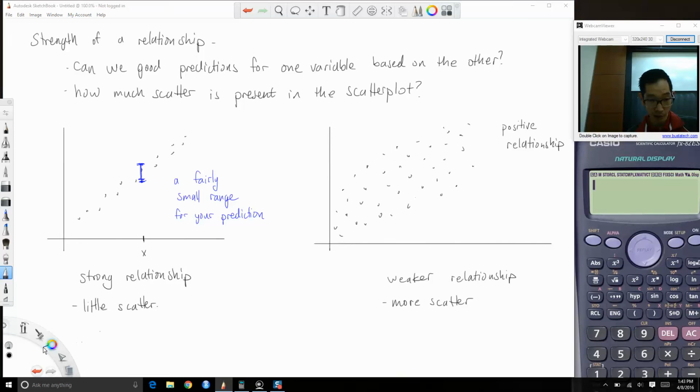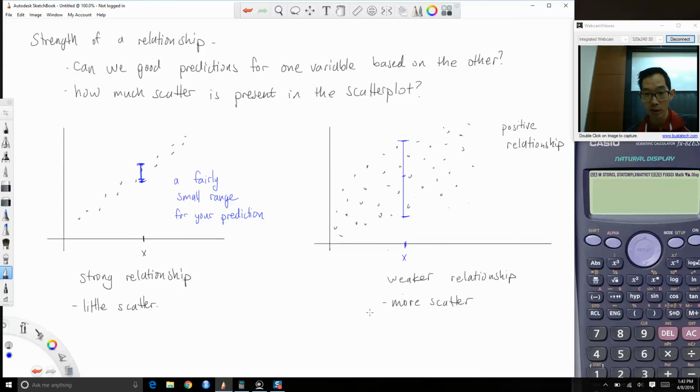And given a particular value of x, what is kind of the range of values for prediction? You'd probably guess right in the middle, but there's really a wide range that y could take on for this particular value of x.